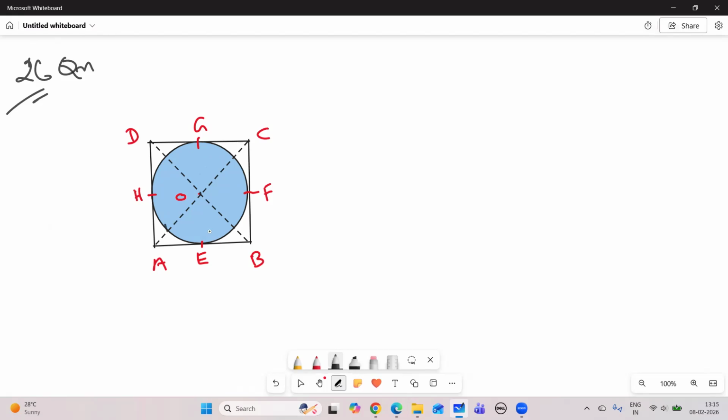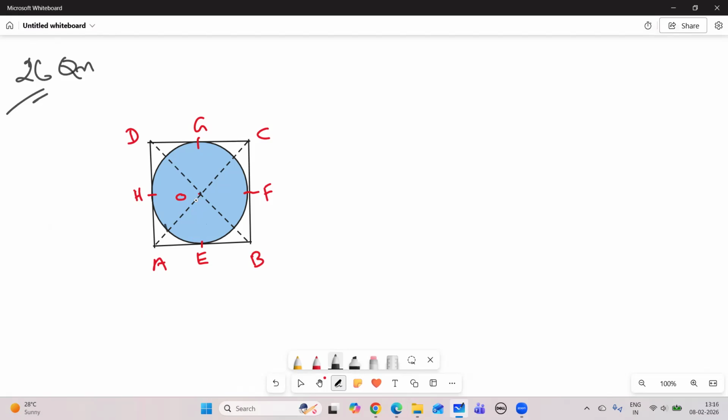Now we are asked to show that opposite sides in this quadrilateral subtend supplementary angles at the center. Let O be the center of this circle. AB and CD form a pair of opposite sides, and join these four vertices A, B, C, D with O, the center of the circle.